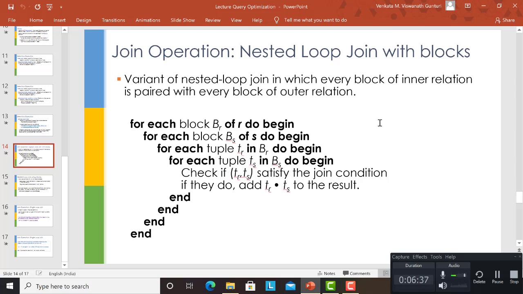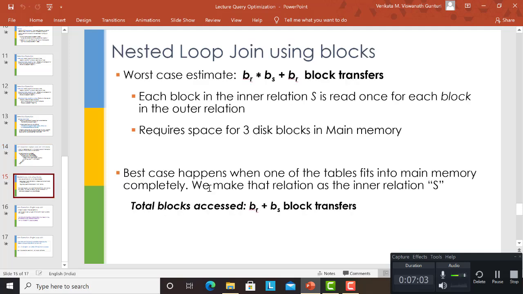Then you bring in the second block of the relation R, let's say R2, and then again you join the tuples in R2 against all the tuples in relation S, which span over blocks S1, S2, S3. So even if it looks scary in the sense that there is a nesting of up to 4 levels, if you see the total cost of this algorithm in terms of disk block access, that's not bad.